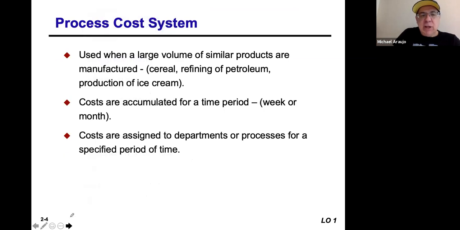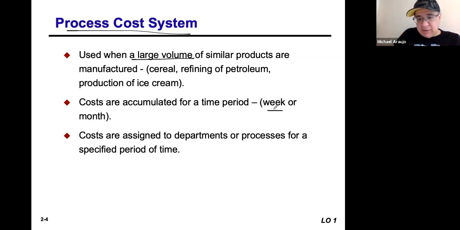Okay. So process cost systems are very common when a manufacturer makes a large volume of the same type of product, like cereal or ice cream, or petroleum, say gasoline. It's a very large volume of basically spitting out the same type of product.